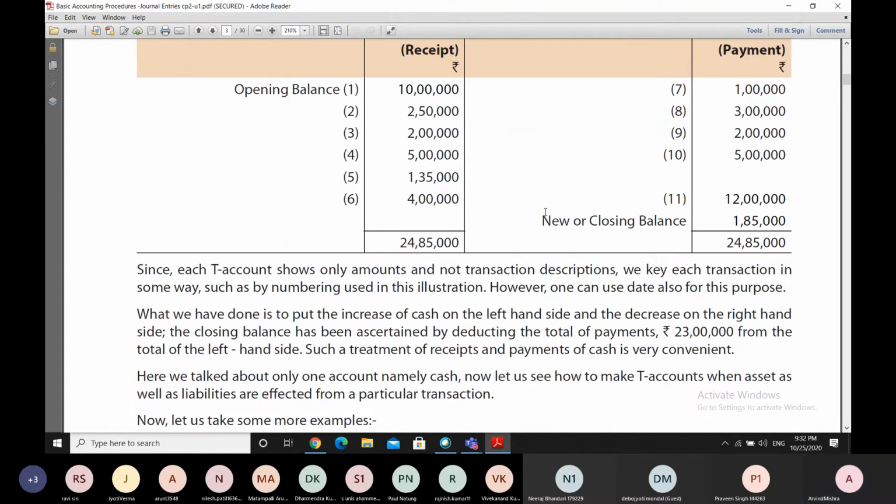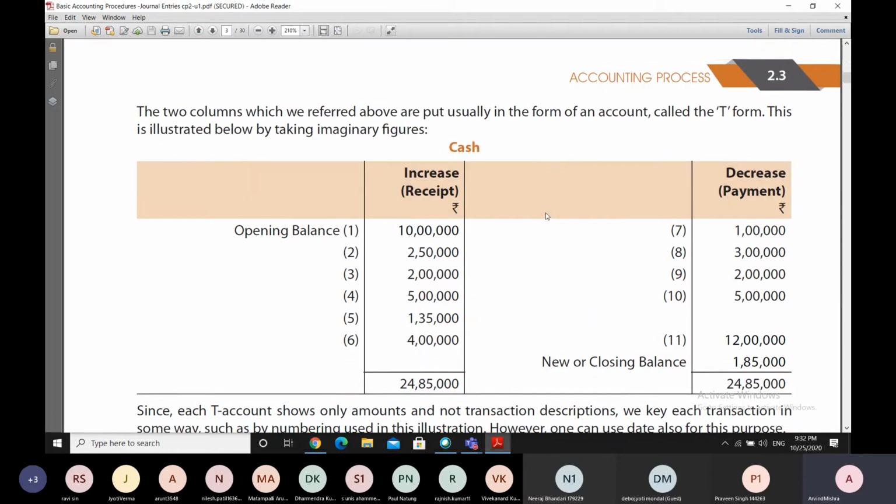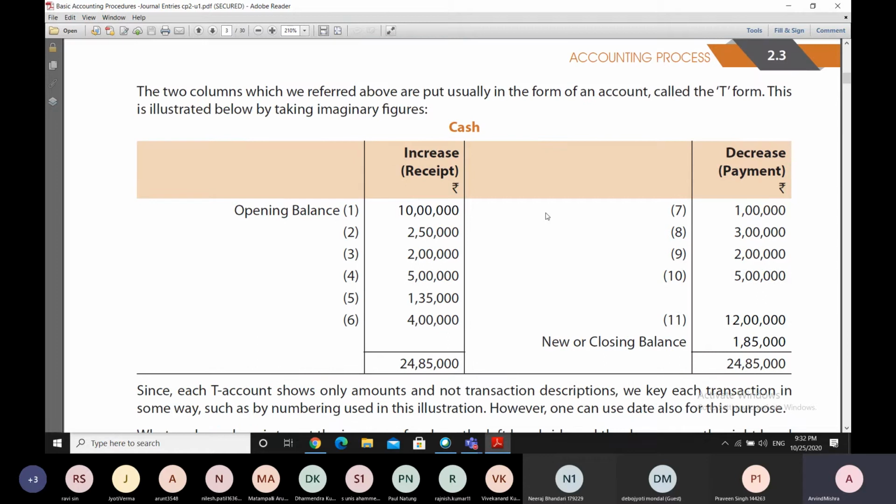Now every T account like this shows only amounts and not the description of the transaction. So in the account we are not writing the description, we are just showing the amounts. So before making an account, it is necessary that we write down every transaction in some way, just as we have numbered the transactions here.